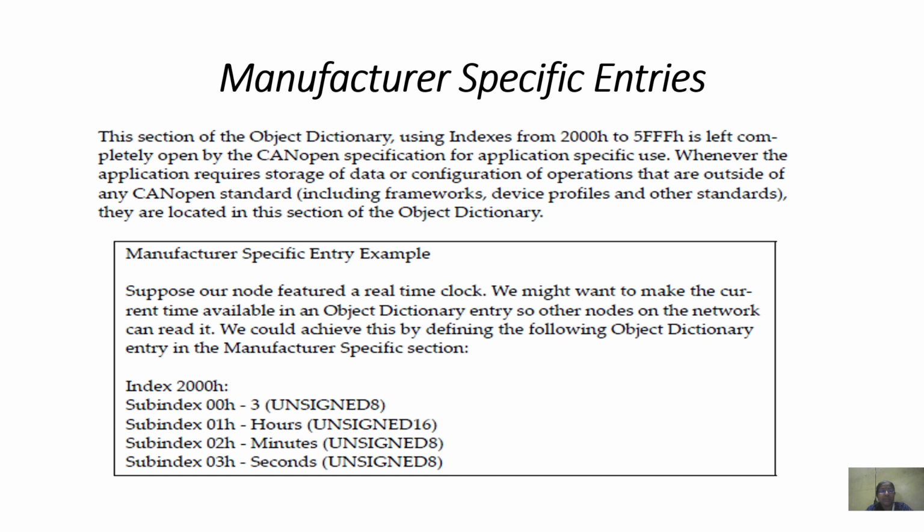It is left completely open by the CANopen specification for specific applications of the manufacturer. So that address range will be from 2000 to 5FFF. For example, in index 2000, again we can write a sub-index, that is we can feature a real-time clock, so we can make the current time available in the OD entry.